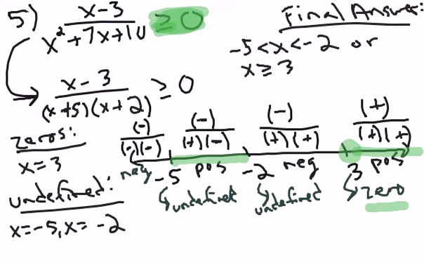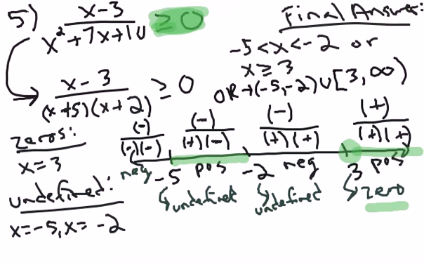Okay, and then the other way to write this is as follows. I'm going to put a bracket there to include 3. So that is my final answer.